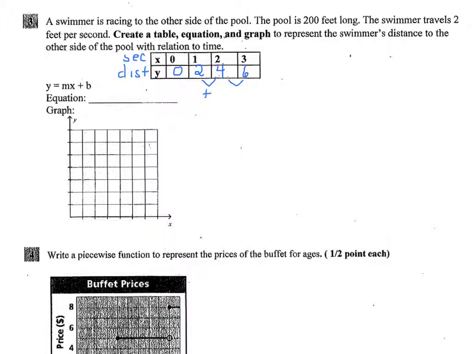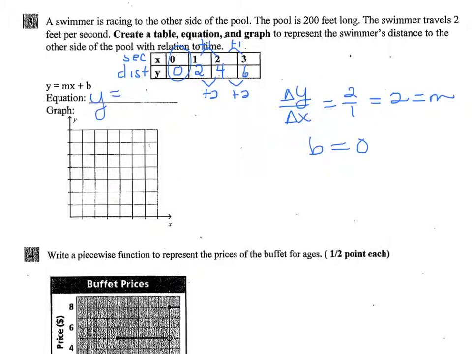So the change in y, this is going up 2 every time the x goes up by 1. So the change in y over the change in x for the slope is 2 over 1 or 2. So that's the slope. The y-intercept is 0, 0. So our equation is y equals 2x plus 0.